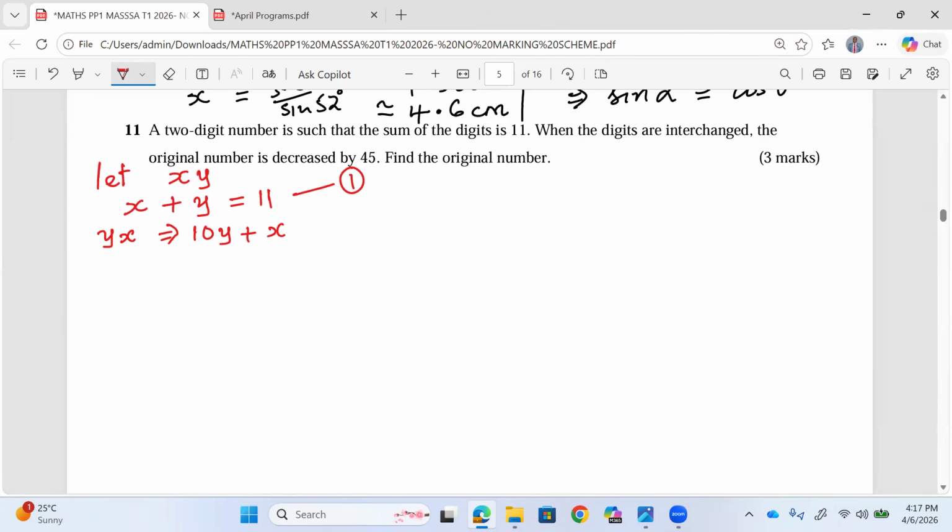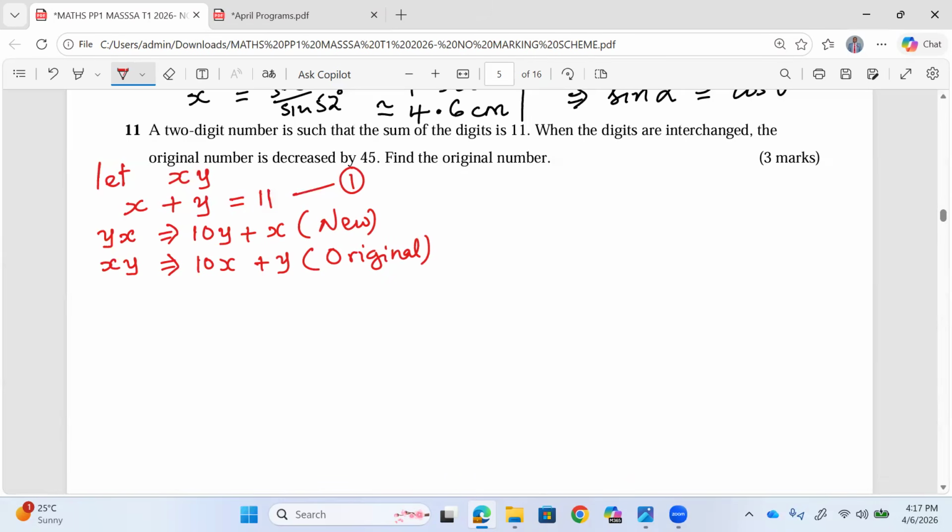What about the value of the original number? It is x that was in the tens position, so it is 10x plus y, which is in ones position. So we have the value of the new number, and we have the value of the original number.